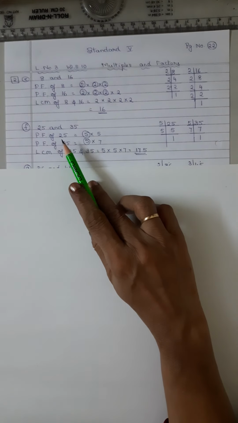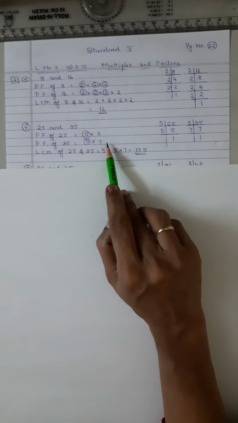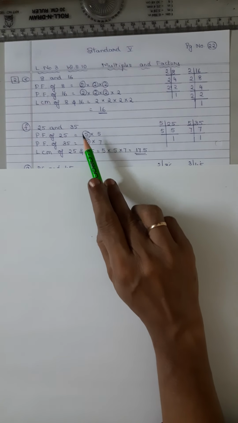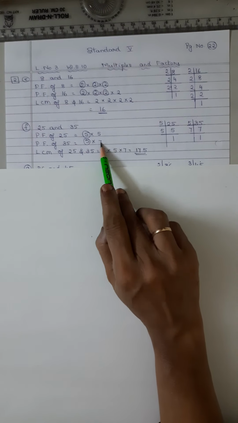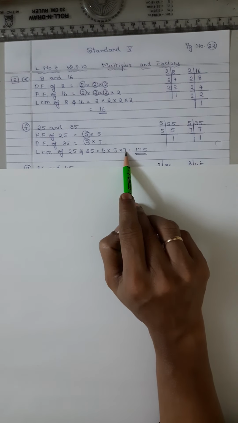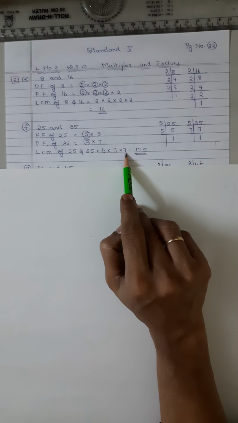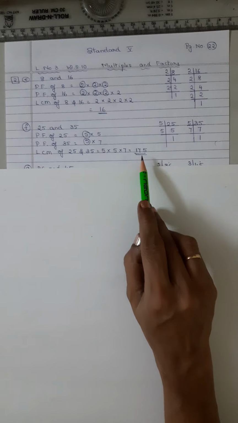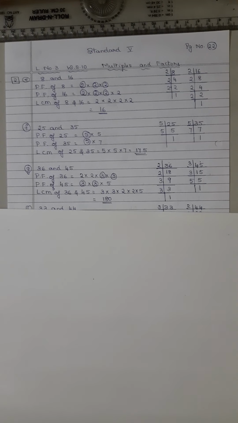So for 25 it is 5 5s, for 35 it is 5 7s. So you have to write 5 one time, and here 5 and then 7. Now 5 5s are 25, 25 7s are... multiply and see, we'll get 175.